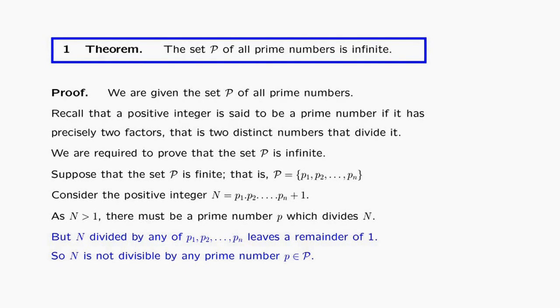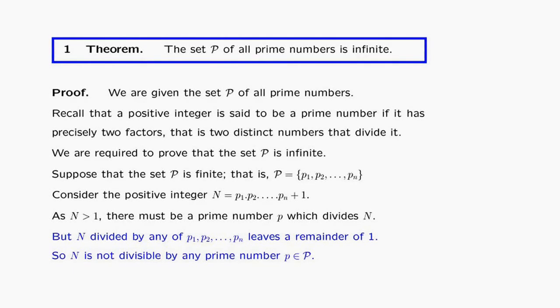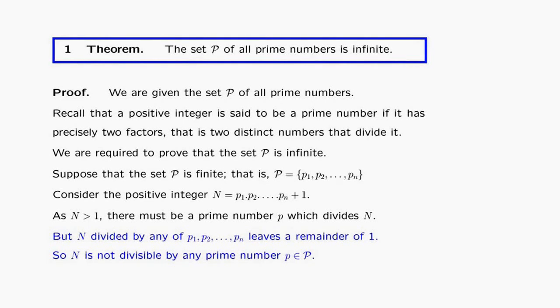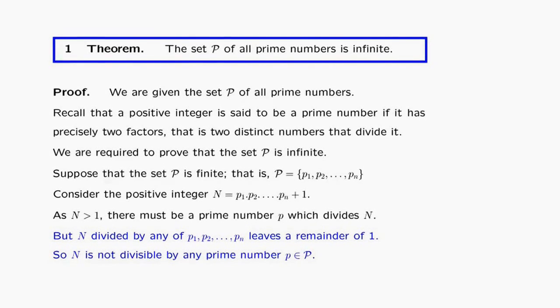So n is not divisible by any of the prime numbers P1, P2 up to Pn. That is, n is not divisible by any prime number in our set P of all prime numbers.